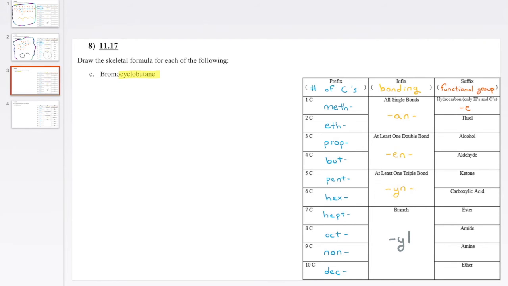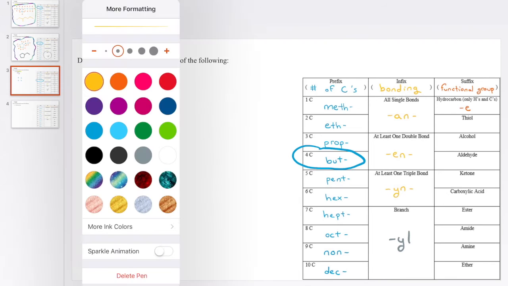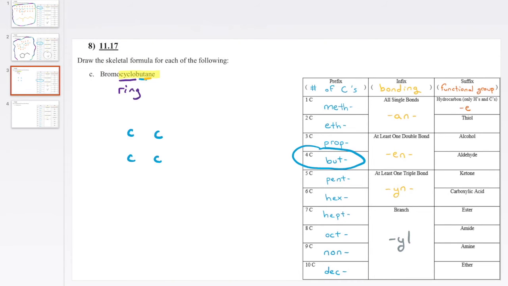The prefix cyclo here is telling you that you're going in a ring. The prefix bute is telling us that we're dealing with 4 carbons. So a 4-carbon ring would look like a square. So I'll draw those 4 carbons there. The infix, AN, is telling us that we have all single bonds, so I'll connect these all by single lines.